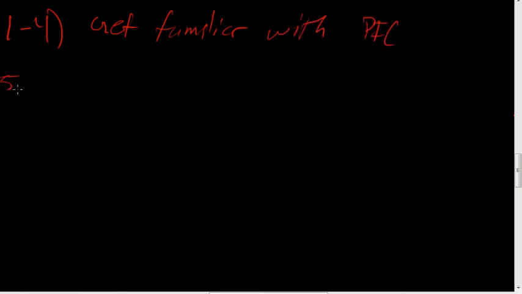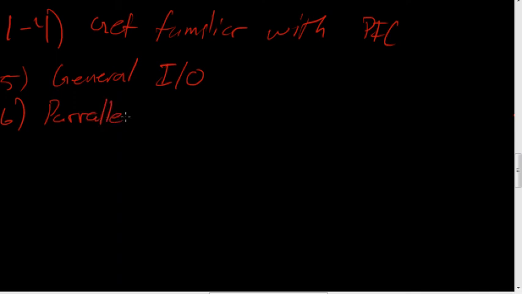Okay, 5 is general I/O, so still getting familiar, but a little bit less. 6, interrupts. Why do we want to interrupt? Well, we want something to resemble parallelism.